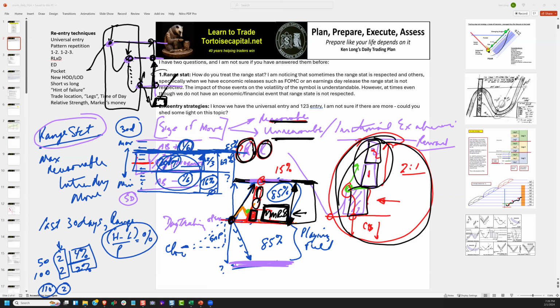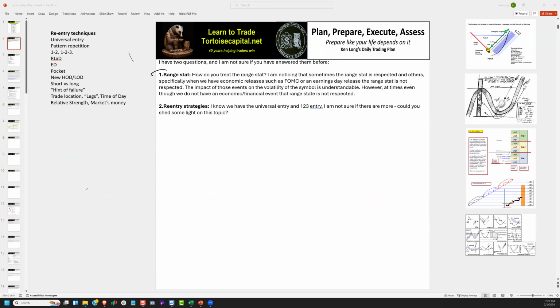It is not a prediction, it is a description. It's simply the measuring stick that we're going to use to say whether or not we think we can set up a reasonable 2-to-1, or what kind of a day it is today or could be, because now we can actually go look at the gap stat.